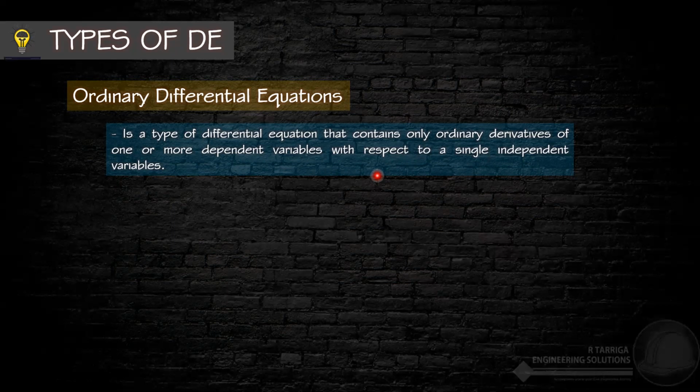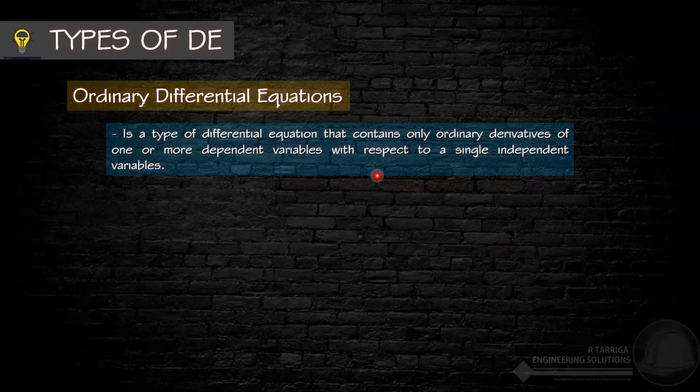Meaning, when you have a derivative of y with respect to x, all of the equations must be differentiated with only a single independent variable, which is x. You may say y in terms of x, or t in terms of x, as long as it is with respect to one single independent variable.